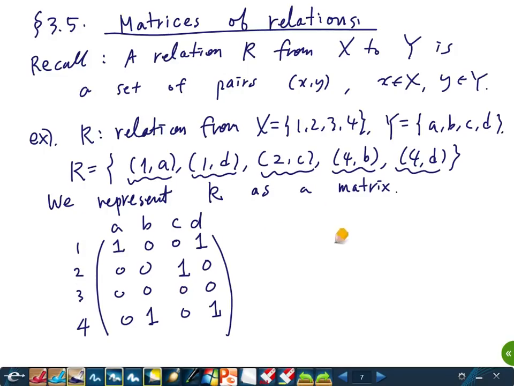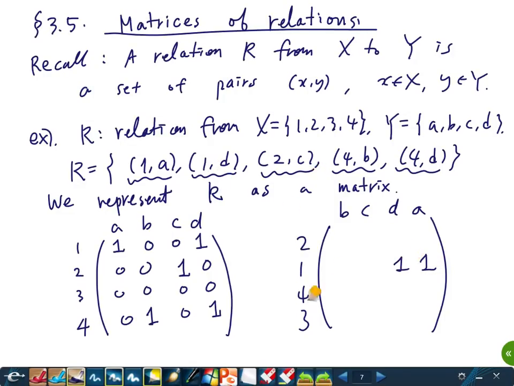But of course, the matrix will change if you reorder the elements here. So it's fine. You can have either 2, 1, 4, 3 and B, C, A, D, or B, C, D, A. Any order will be fine. The matrix will, of course, change. So for instance, here (1, A), now we have here (1, D), (2, C), (4, B), (4, D), like that.